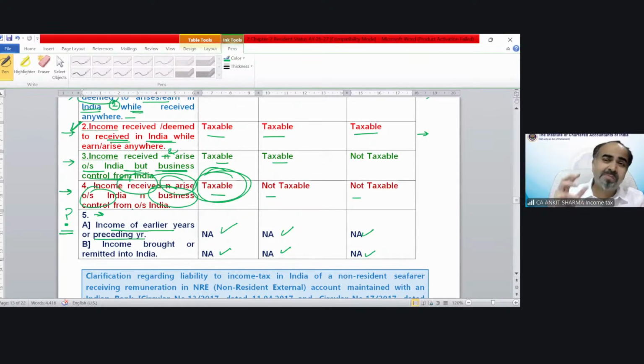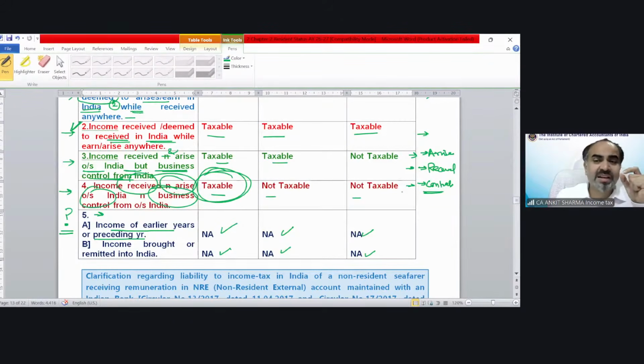Now point number B is more important. If you see in points number 1, 2, 3 and 4, the taxability depends upon factors: whether it has arisen or accrued, whether it has been received, whether it has been controlled. You can see on these 3 bases we actually do the treatment of taxability.